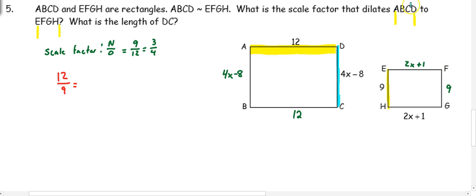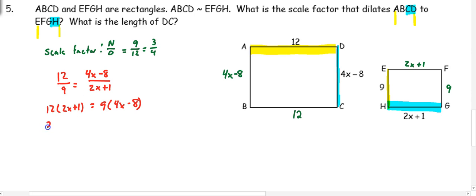And then we're trying to find DE or DC. And DC is the third and last letter, which corresponds with GH. So 2x plus 1. So the other part of our proportion then would be 4x minus 8 over 2x plus 1. So I'm going to cross multiply. I get 12 times (2x plus 1) equals 9 times (4x minus 8).